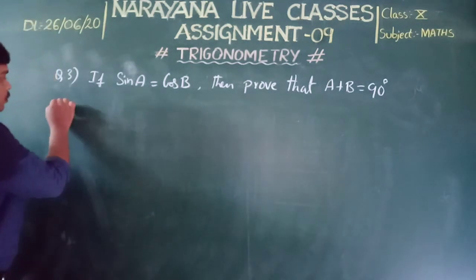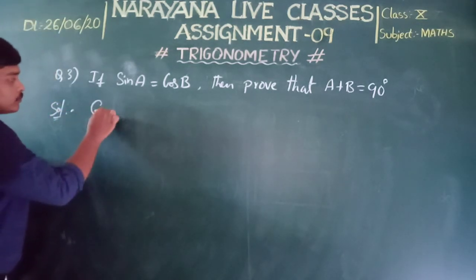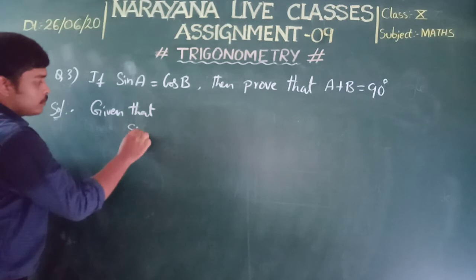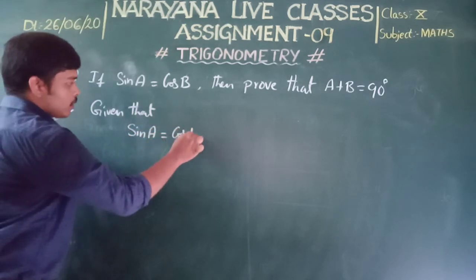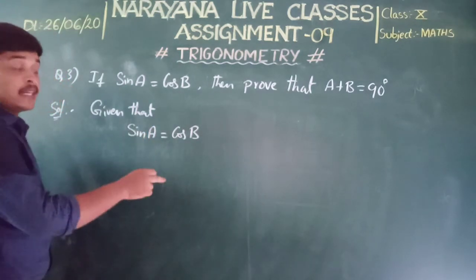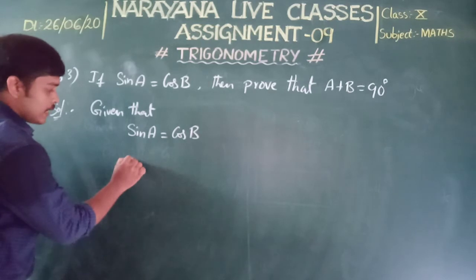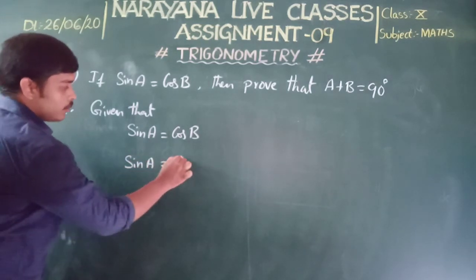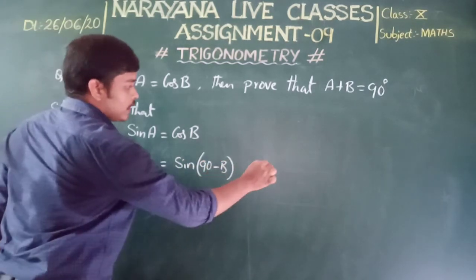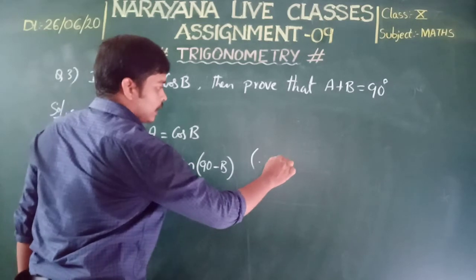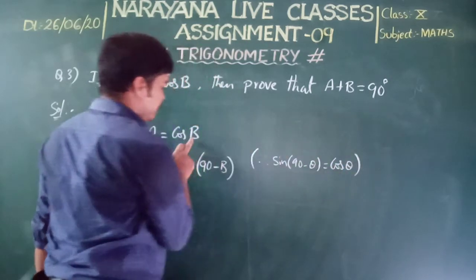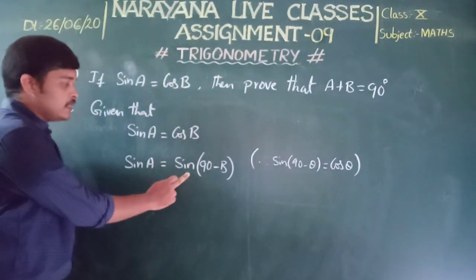See children, here what is given? Sin A is equal to cos B. We know that in compound ratios sin (90 minus theta) is equal to cos theta. In the same way, we can write cos B as sin (90 minus B).